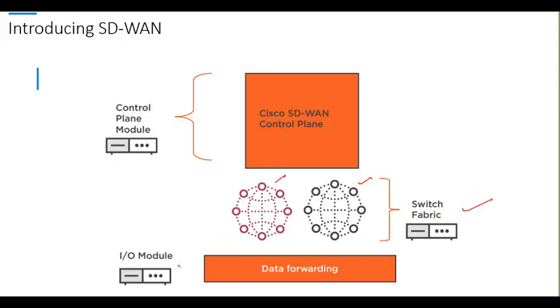And all the edge devices or IO modules, the control plane on this is determined by this control plane module, which we call the SD-WAN control plane, meaning we have 3 controllers.